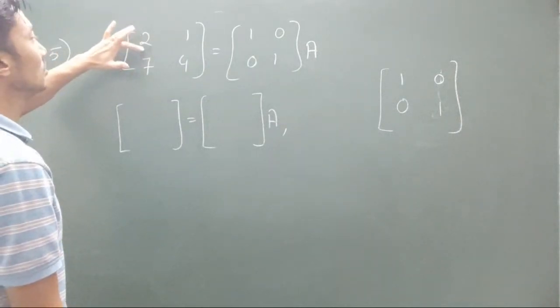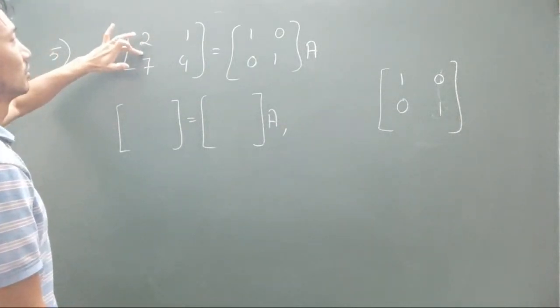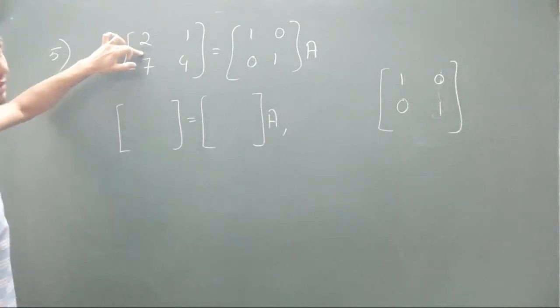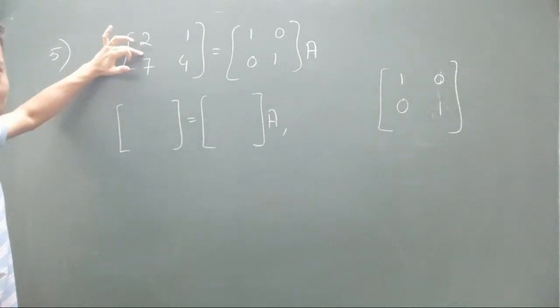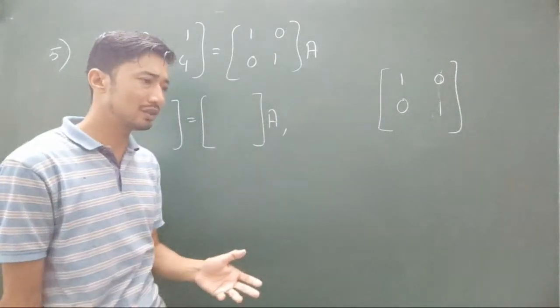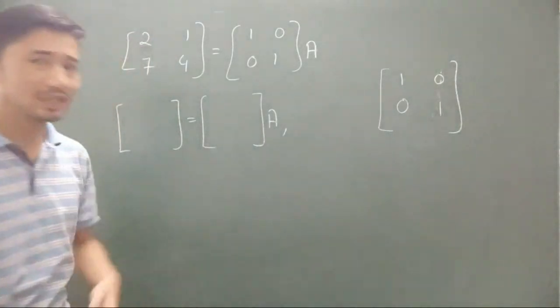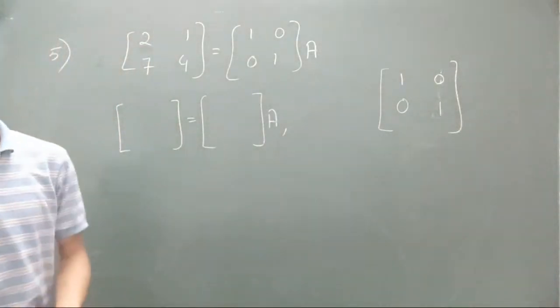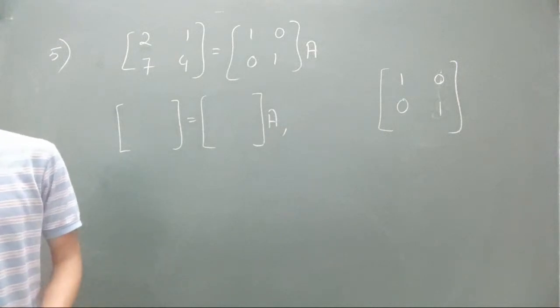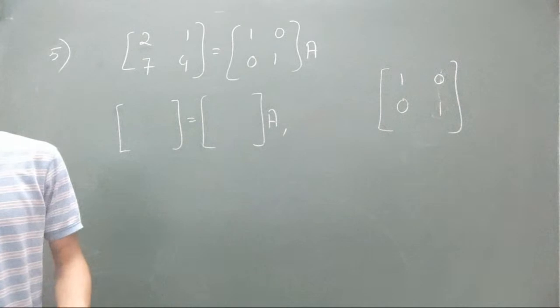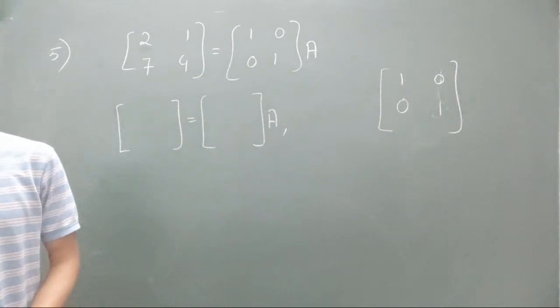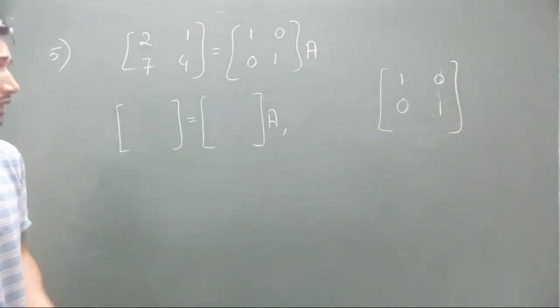So what can I do? Maybe we can directly divide by 2, but as one advice, try to avoid fractions as much as possible, okay? There will be many cases where you cannot ignore fractions, but try to avoid them.